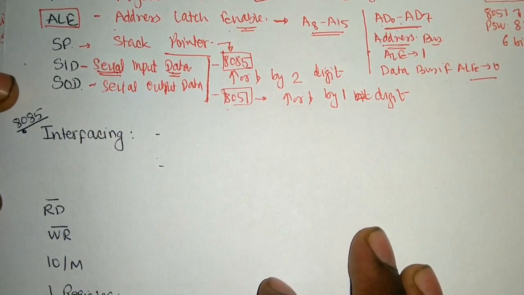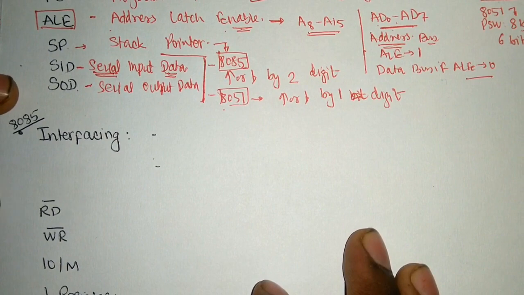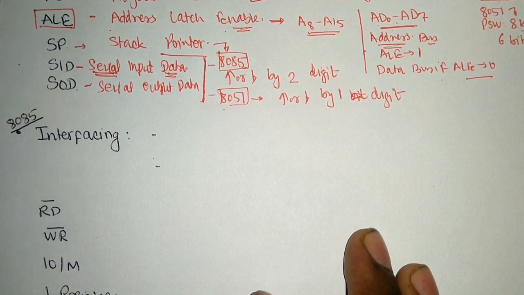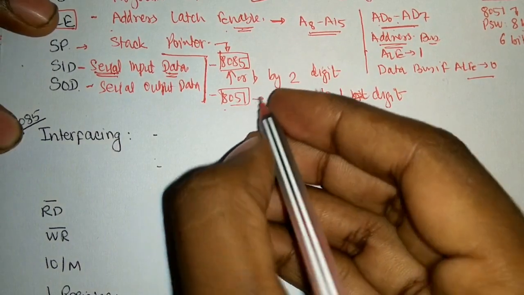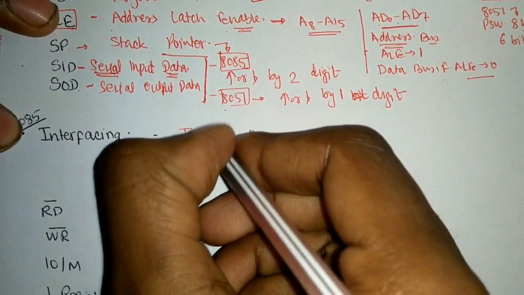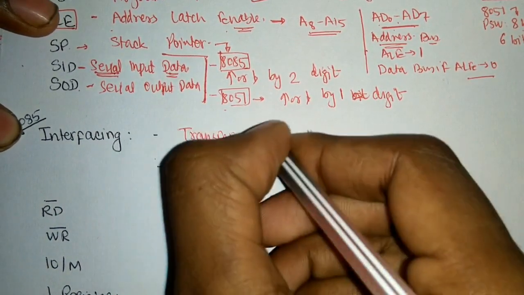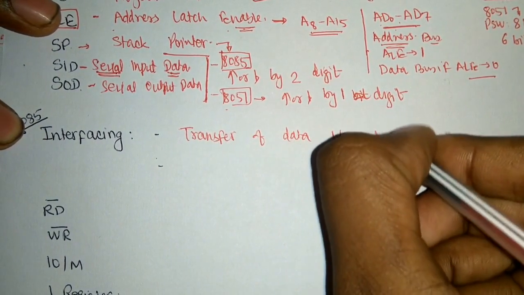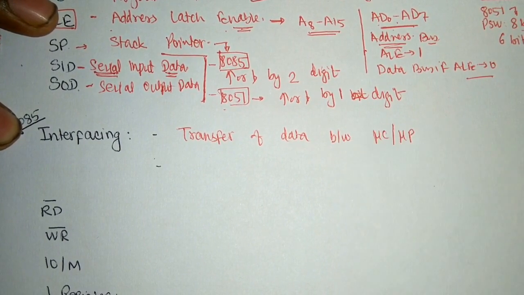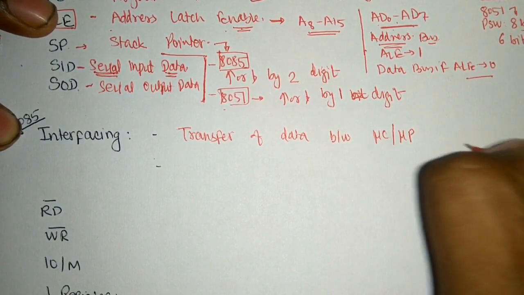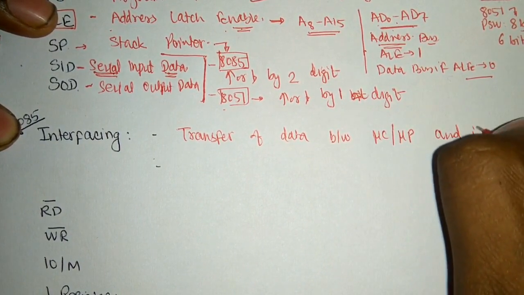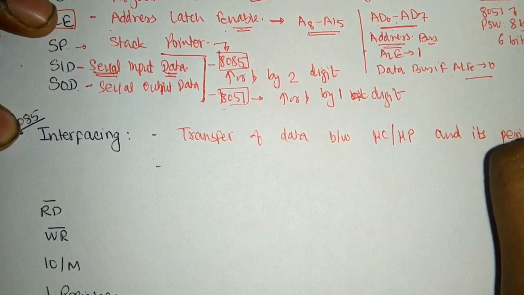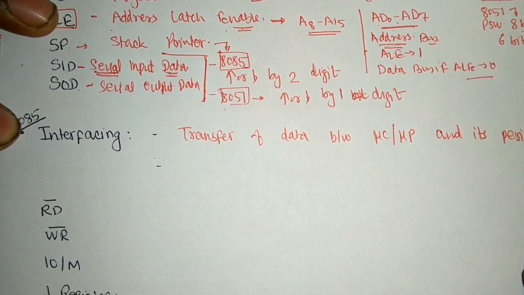Now when I talk about interfacing, what exactly is interfacing? What do we mean by interfacing? So interfacing is nothing but transfer of data between either our microcontroller or microprocessor, whatever device we are using, and its peripherals. What are peripherals? Peripheral means whatever device is attached to it on its periphery.